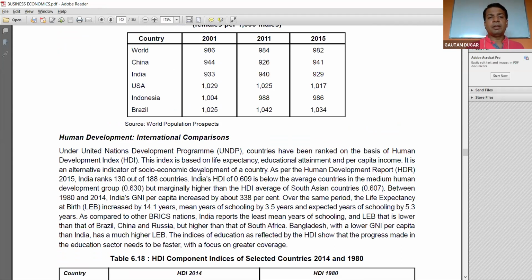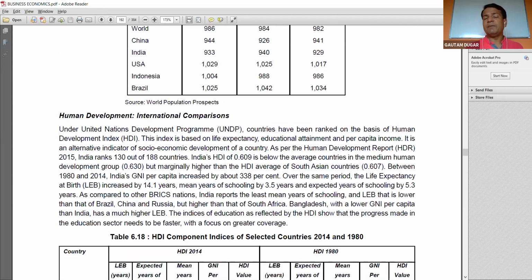The Human Development Index is constructed by UNDP, the United Nations Development Programme, as we discussed. You must remember one thing in the third line: as per the Human Development Report 2015, India ranks 130 out of 188 countries.